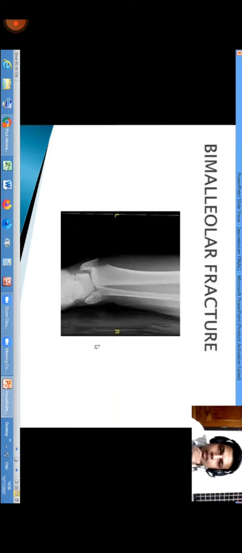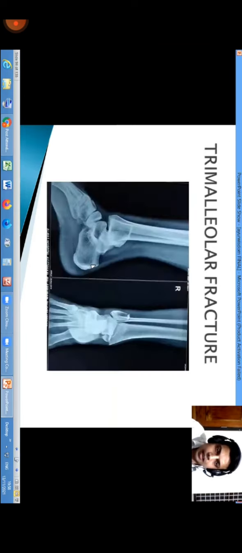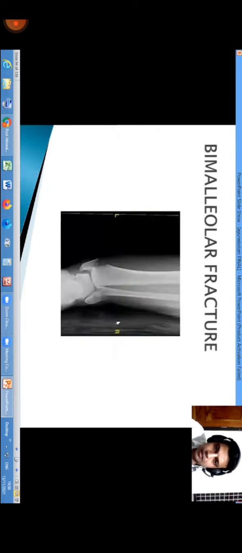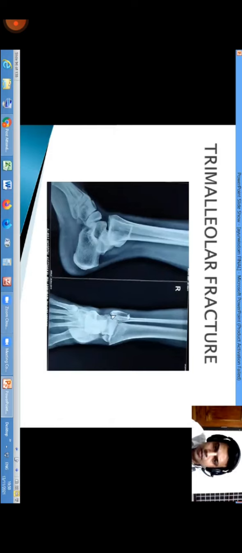Then coming to bimalleolar fracture. Bimalleolar fracture is fracture of both of the malleoli, that is lateral malleolus and medial malleolus. We should refer this case. And the trimalleolar fracture, this is a fracture of the 3 malleoli, because the lateral malleolus, medial malleolus, and one posterior malleolus is there in tibia, and all 3 of the malleoli are fractured, and we should refer the case.